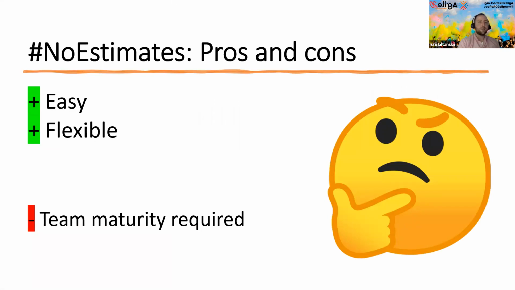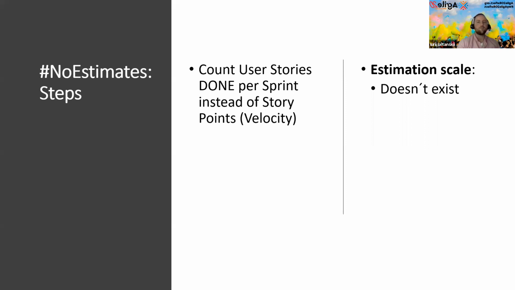It seems to be easy and it's quite flexible, but it usually works only with a mature team. It's really complicated to start off with a brand new project and a brand new team, telling them we're going to count just our user stories, when we don't have any internal processes well established.